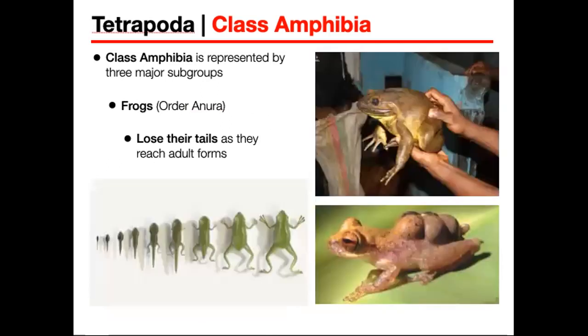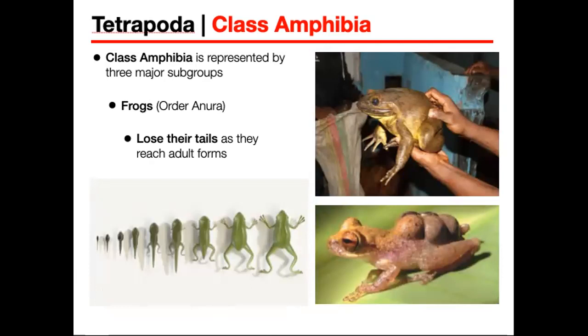And you also have your frogs, which is an amphibian, under order Anura. These organisms, in the process of metamorphosis, would lose their tail as they reach the adult form, and it is well established that frogs would absorb or drink water through their skin.